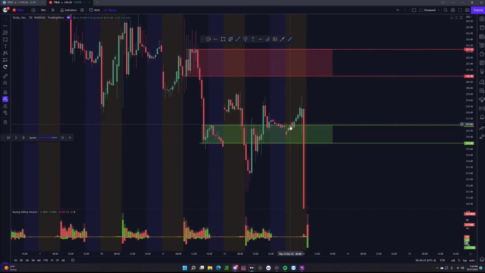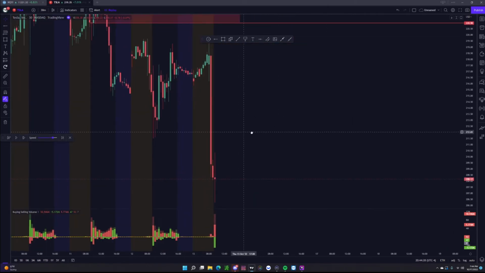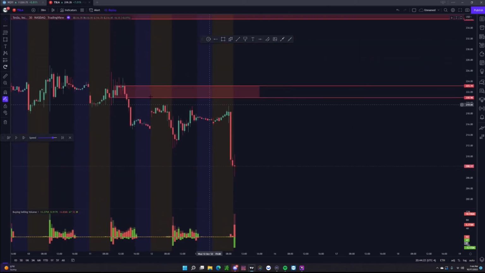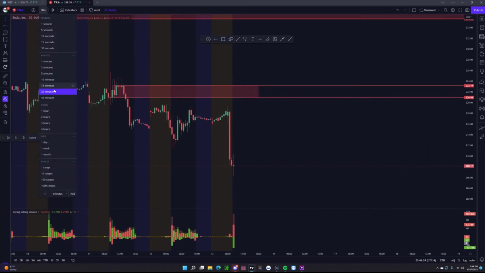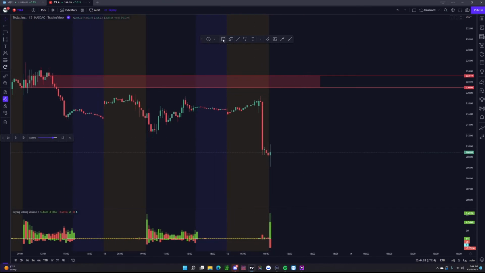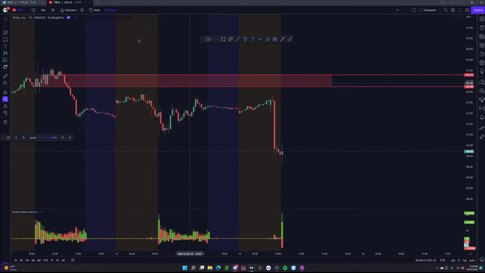So now, considering that this day is done with, I'm going to see if we can predict this day. So let's see. Let's go to a 15-minute time frame. So I'm going to say that this is a little bit of your market imbalance.